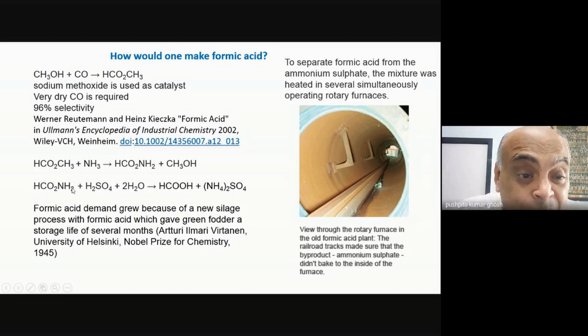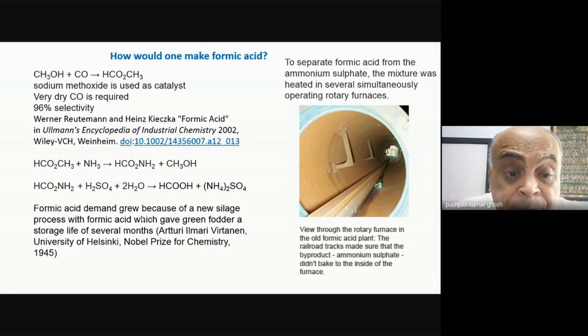Then they took the formamide, reacted it with sulfuric acid, made formic acid, and ended up with diammonium sulfate. Diammonium sulfate, of course, is a very good fertilizer, so they didn't mind producing it. But can you imagine the complexity in trying to recover this? Because here I didn't have the problem because diammonium sulfate is a solid.